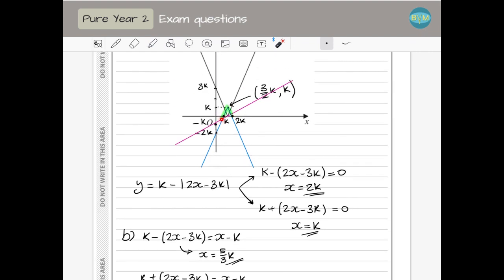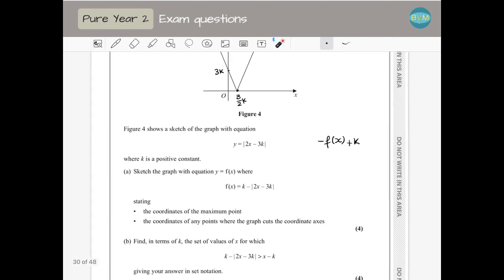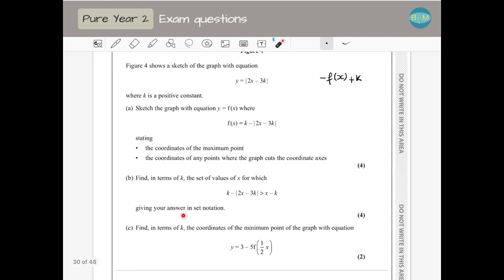So this one is the smallest, the k, and this one is 5/3 of k, which means that our function is above the line when x is between k and 5/3 of k. 5/3 of k is greater than k, so this is the right hand point and this is the left hand. But they asked me the answer in set notation, so please don't lose the mark for that.